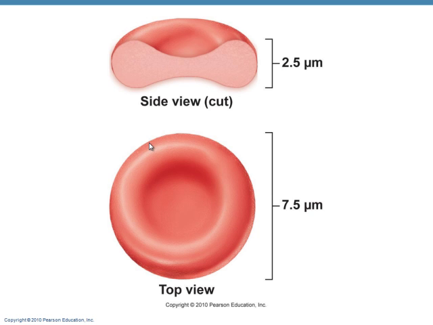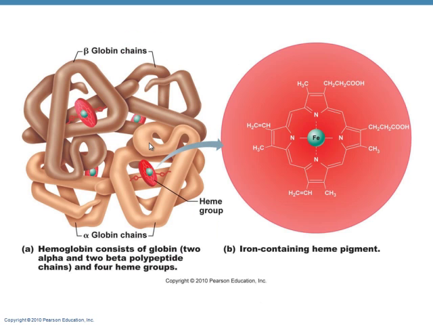What's hemoglobin? We learned this. I'll give you a hint, and you see if you can dust off your brain cells and remember this. It's a quaternary protein. Does that ring a bell?